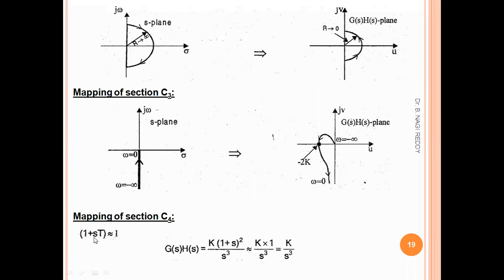That's why 1 plus sT is approximated to 1. So the resultant G(s)H(s) will become, instead of (1 plus sT) whole squared, 1 squared, which is nothing but 1. So 1 into K is K, and in the denominator we have only s cubed, so K by s cubed will be the G(s)H(s) equation.